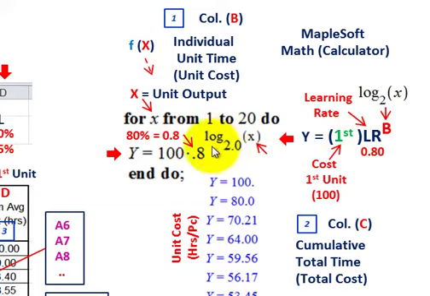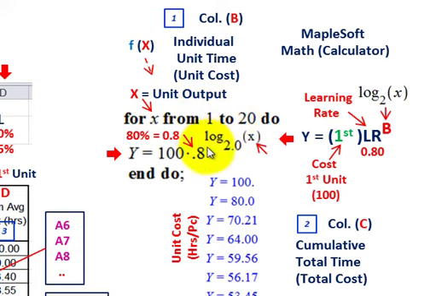And then you raise that to the power of B. What B is here is log to the base 2 of X, and X is that index from 1 to 20, the unit numbers that we're looking at.